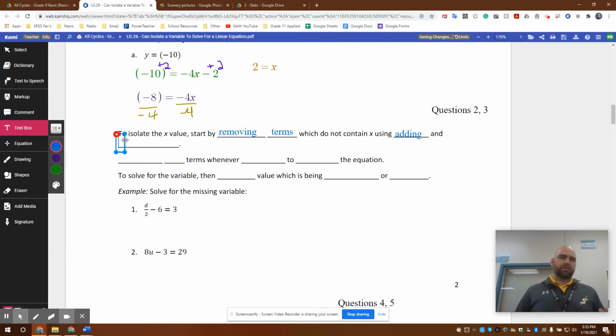Now, technically, the first thing that we should be doing is to combine all of our like terms. Often there will only be one term of each, and so we're not really combining like terms, but what we're doing is removing the constant to get our variable a little bit more by itself. Okay.